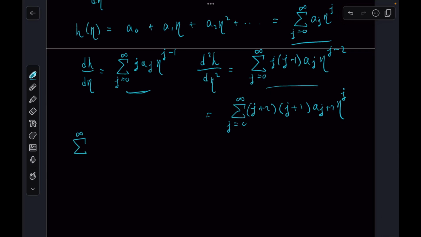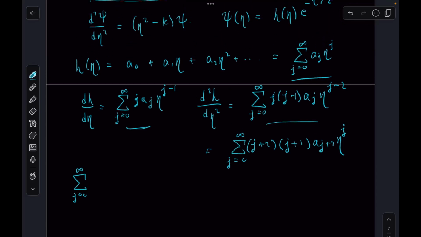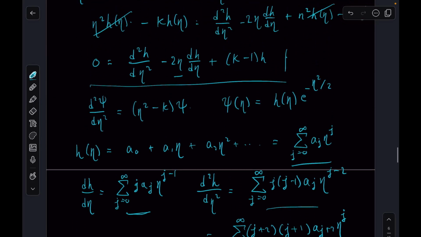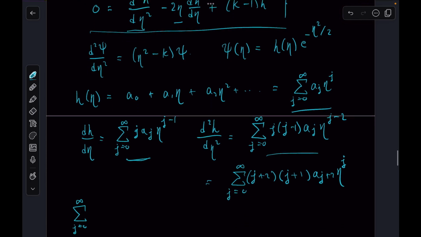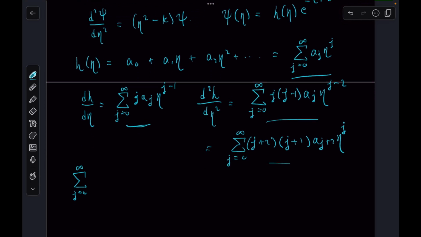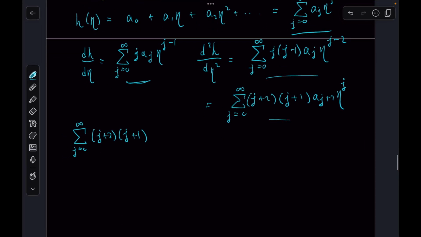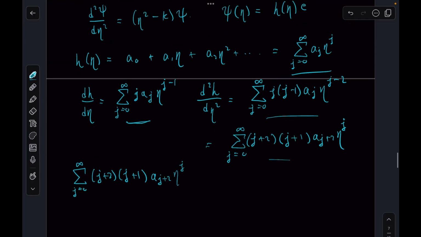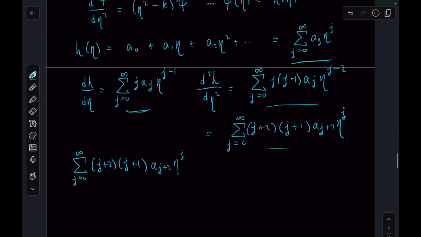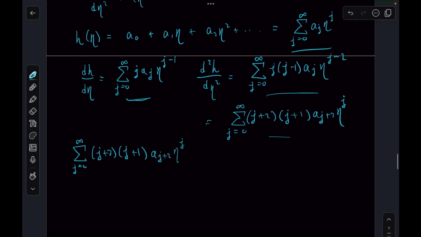So we have this infinite series from j equal to 0 to infinity. Let's start with our second derivative term. We have j plus 2, and these are all in the same summation from j equal to 0 to infinity, so we don't have to separate the different sums. We can put them all into the same sum. Then we have minus 2 eta times the first derivative with respect to eta.